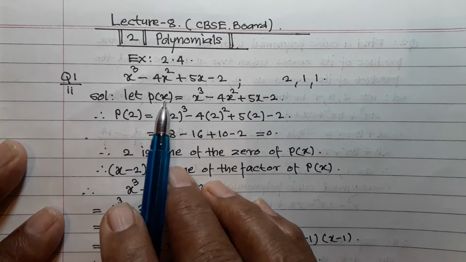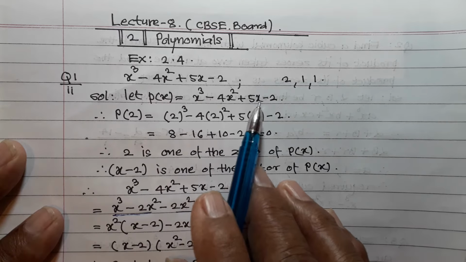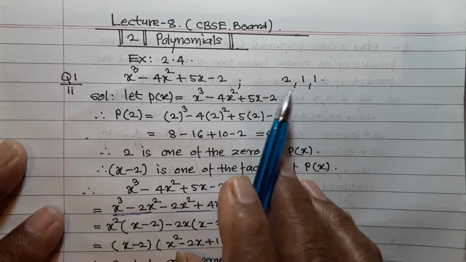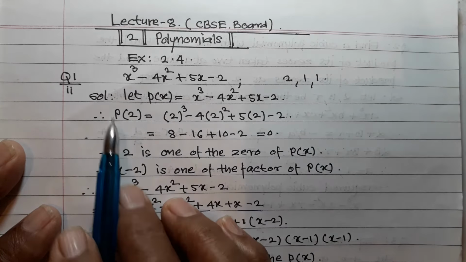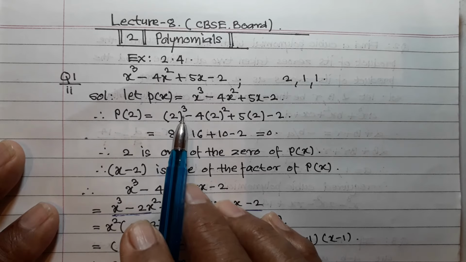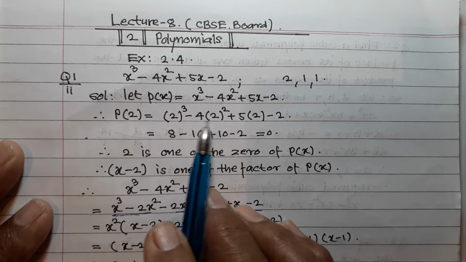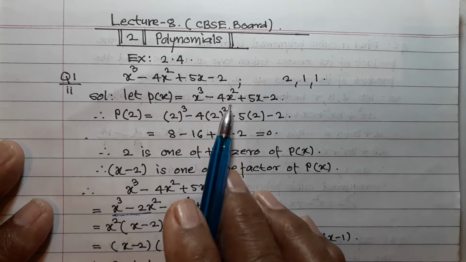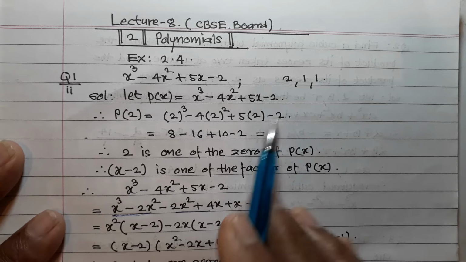Solution. Let p(x) is equal to x cube minus 4x square plus 5x minus 2. Now for x you substitute 2, so p(2) is equal to 2 cube minus 4 into 2 square plus 5 into 2 minus 2.